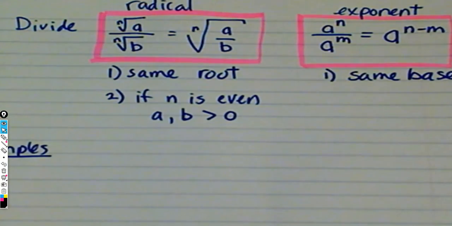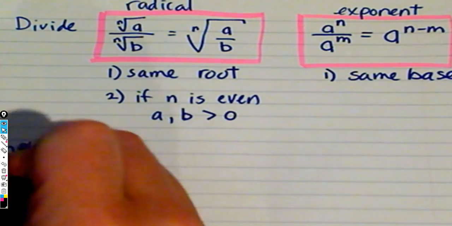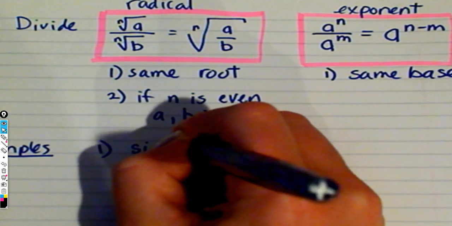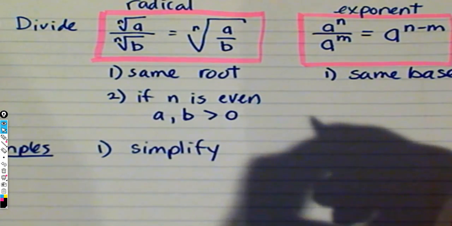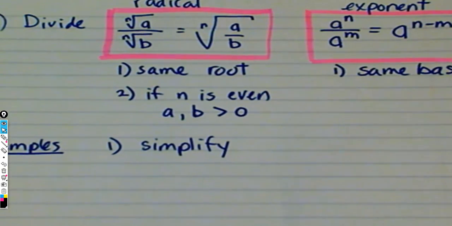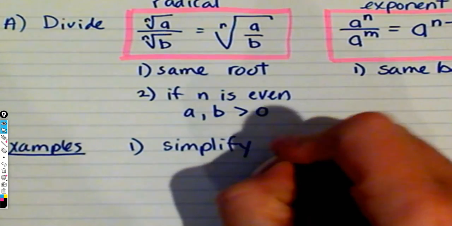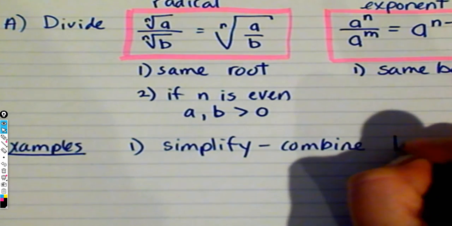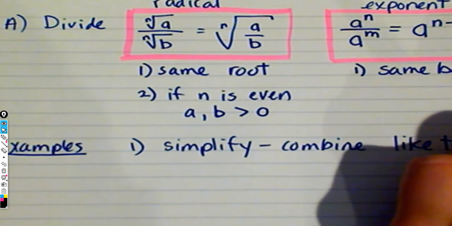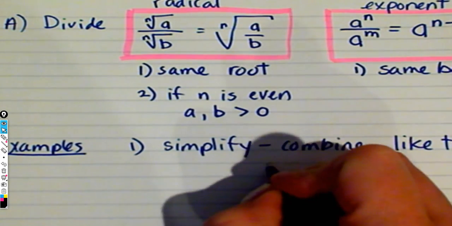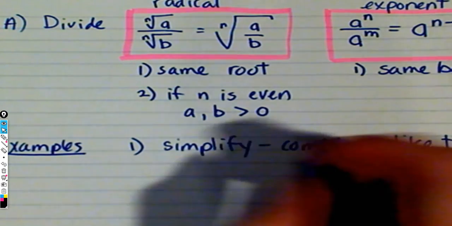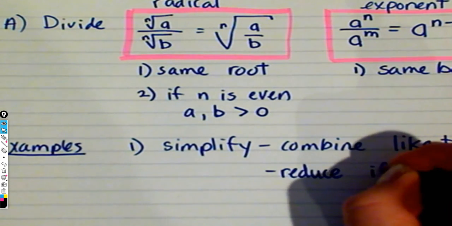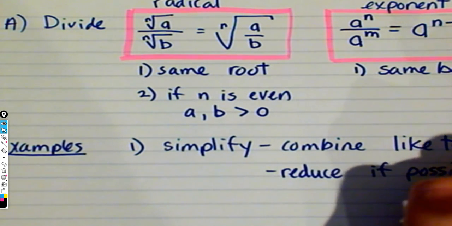Now, how we do this is first simplify. Okay, and when I say simplify, I mean combine like terms, and that could be with our exponent rules. I mean reduce if possible.